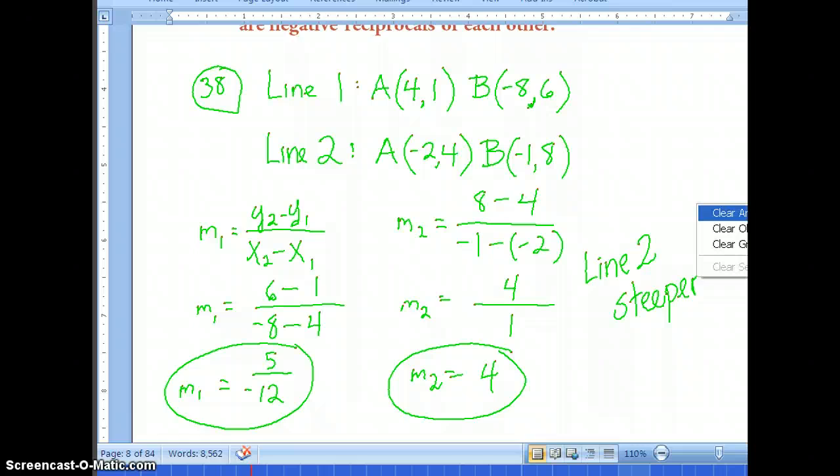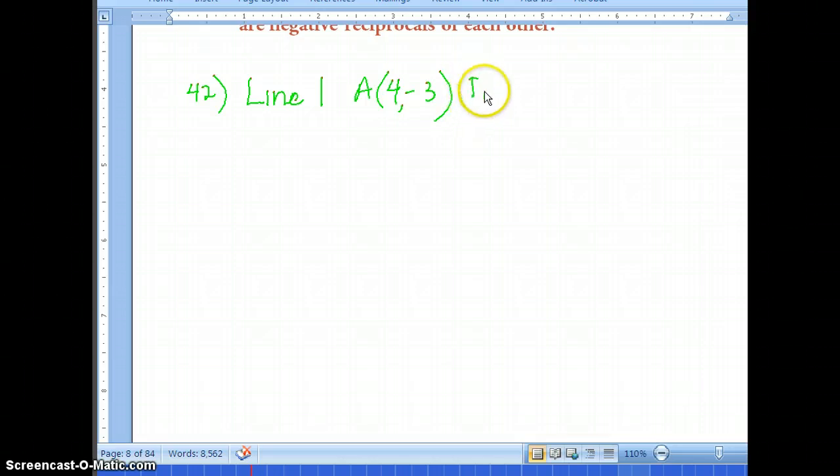Let's clear that off. And we're going to work with number 42. Again, line 1 has coordinate A of 4, -3, and has B value of -8 and 1.